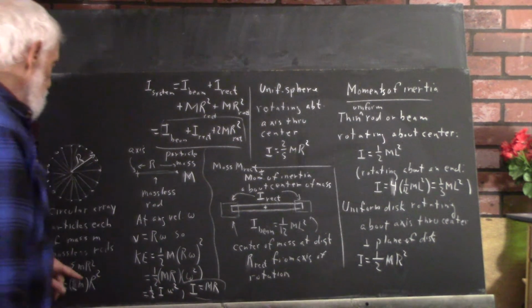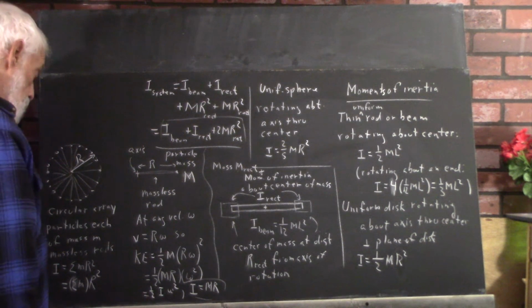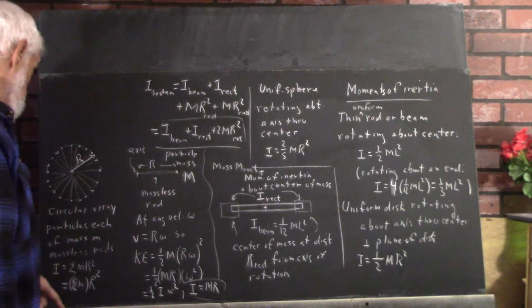It's the sum of your m r squareds, but the r is the same for every one of them.